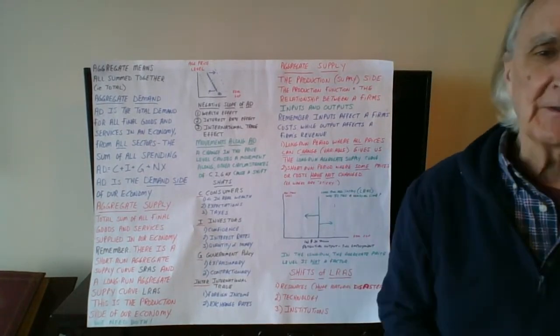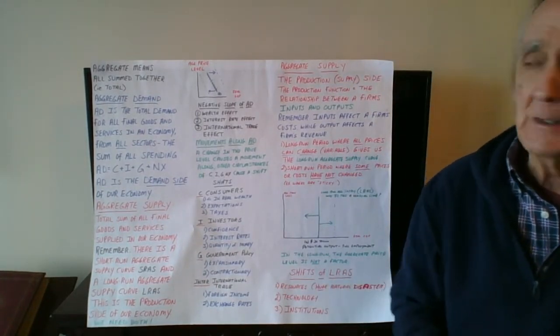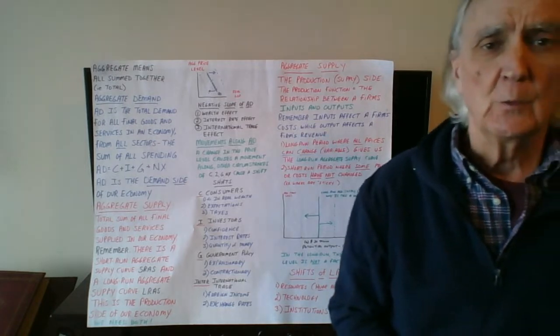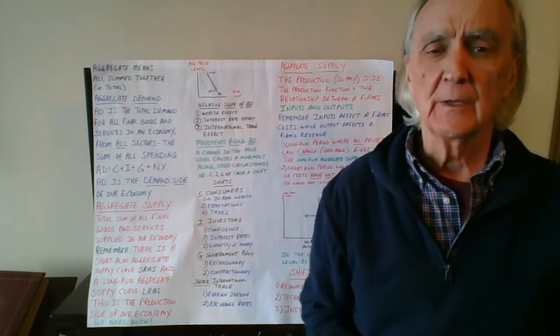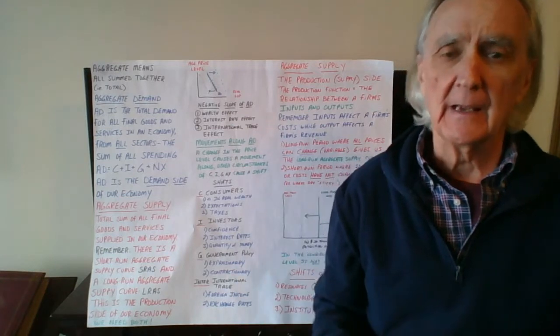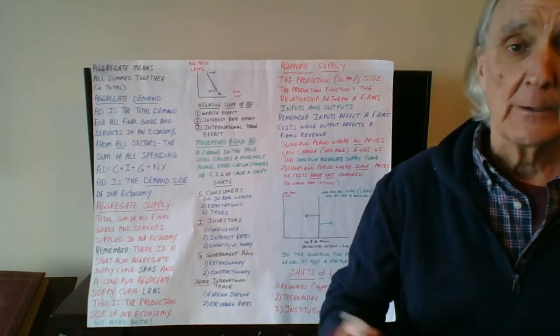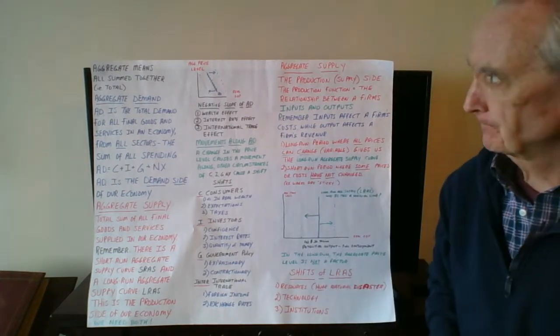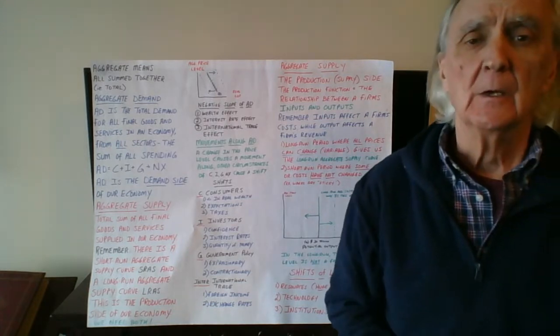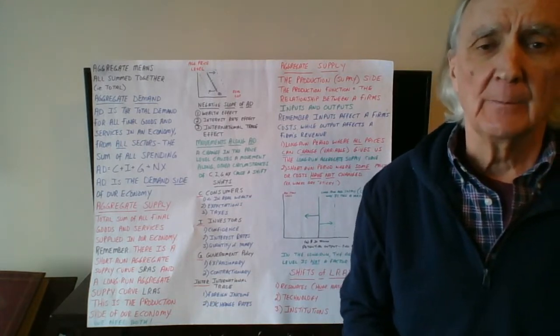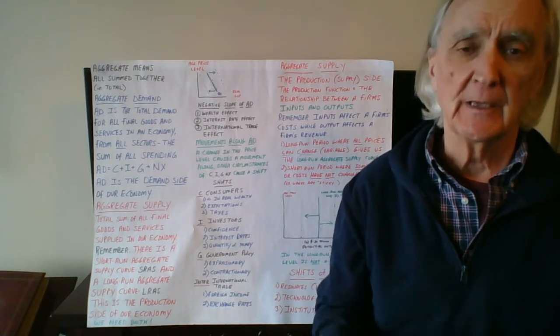Okay, welcome back, class. We are now moving on into the aggregates, what they call aggregate demand, aggregate supply, aggregate expenditure. Basically, when you see the word aggregate, it means all summed together.